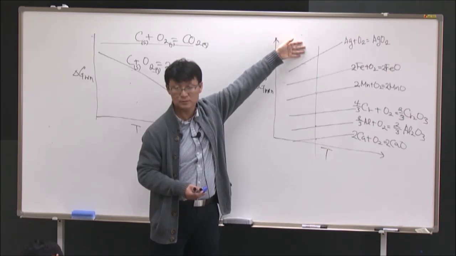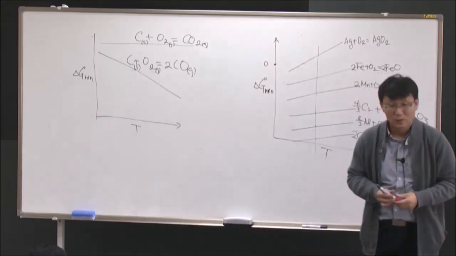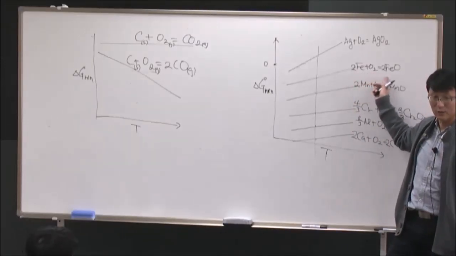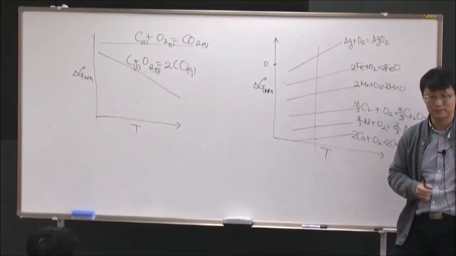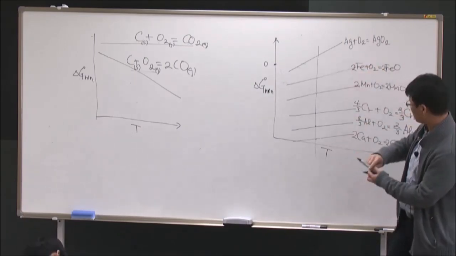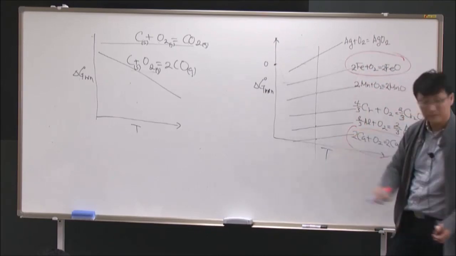You good? Now this is a very interesting story, because when you produce iron from iron oxide, you can react it with calcium.